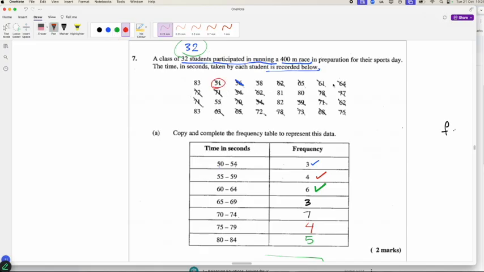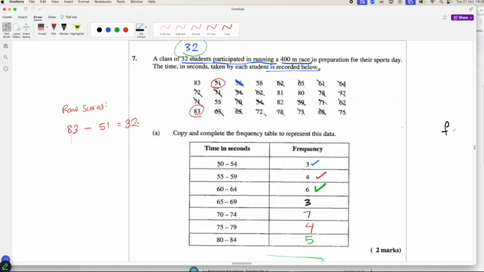Do I have a 50? No. So with the raw scores the lowest is 51, and the highest is 83. So 83 minus 51 is 32.